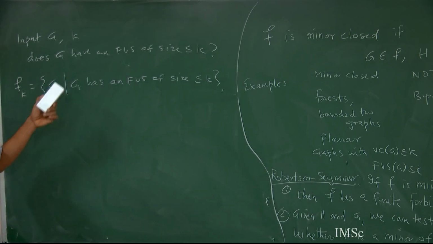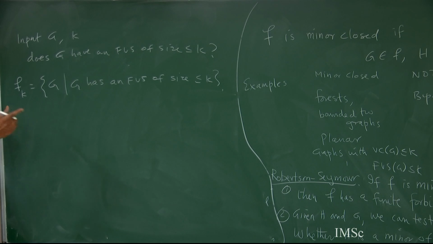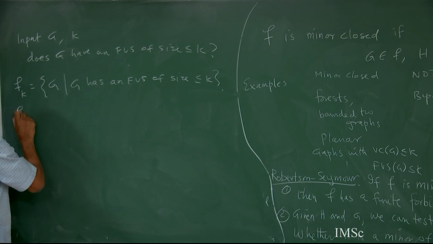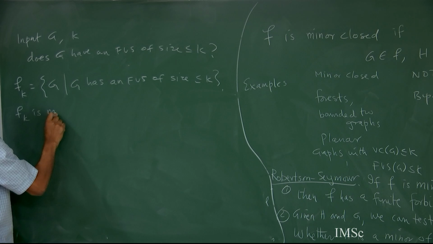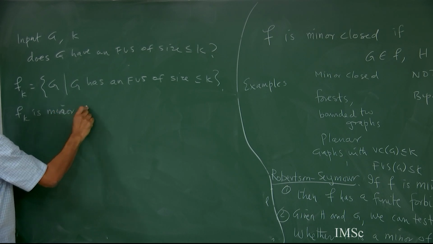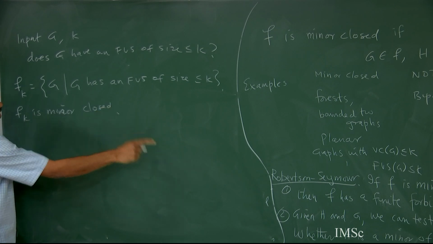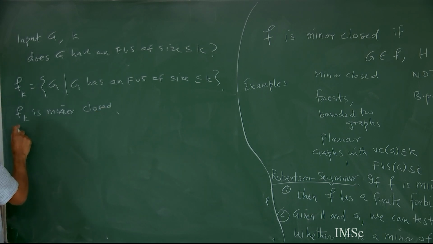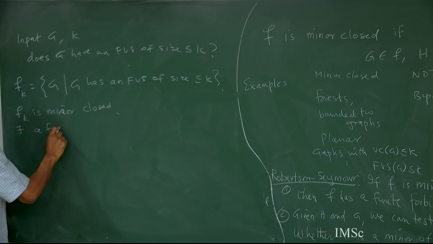This requires some argument. All you have to do is note that when you delete a vertex or delete an edge or contract an edge, the FES size does not go up. So F_k is minor closed. So by the Robertson-Seymour theorem, there exists a finite forbidden set.